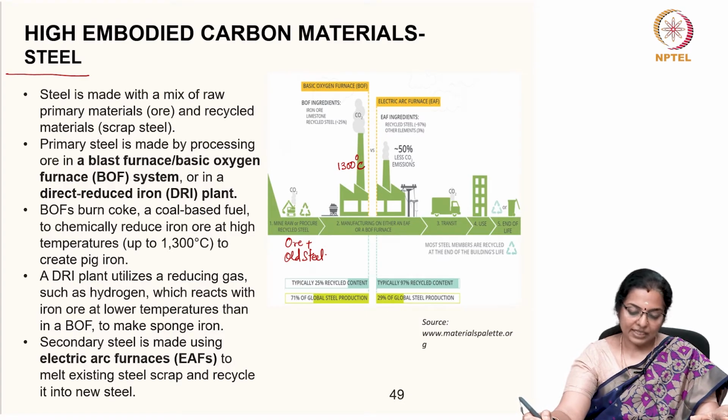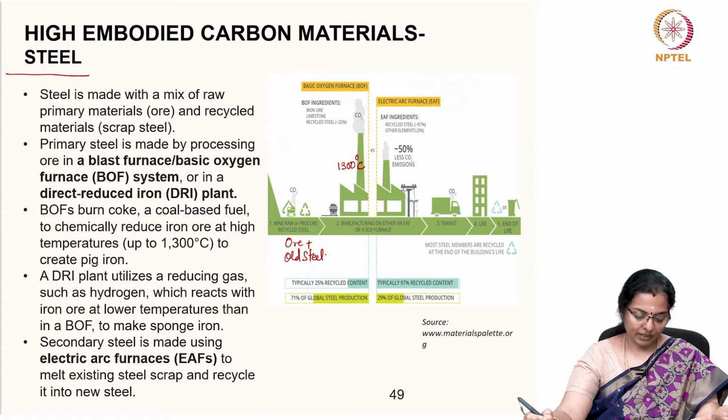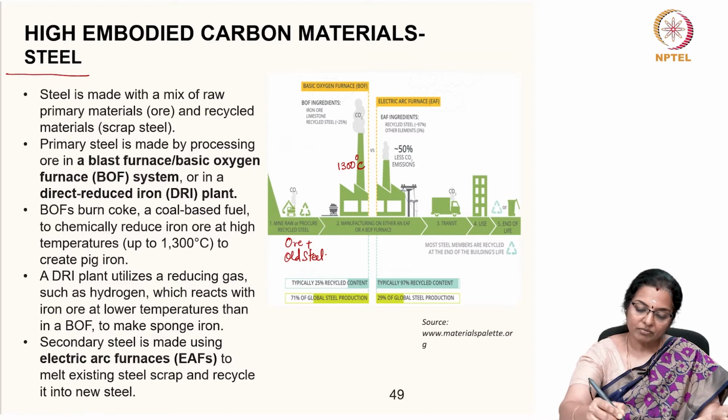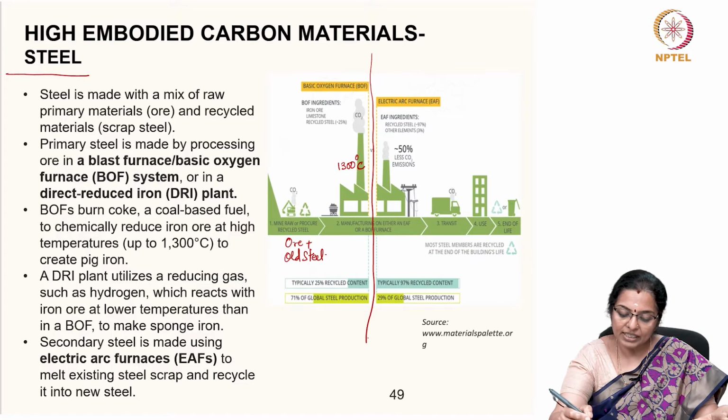Now, this utilizes a reducing gas such as hydrogen, which reacts with iron ore at lower temperature to make sponge iron. Secondary steel is made using electric arc furnaces to melt existing steel scrap and recycle it into new. So, if you look at the electric arc furnace, there is 50% less CO2 emissions as compared to the basic oxygen furnace.